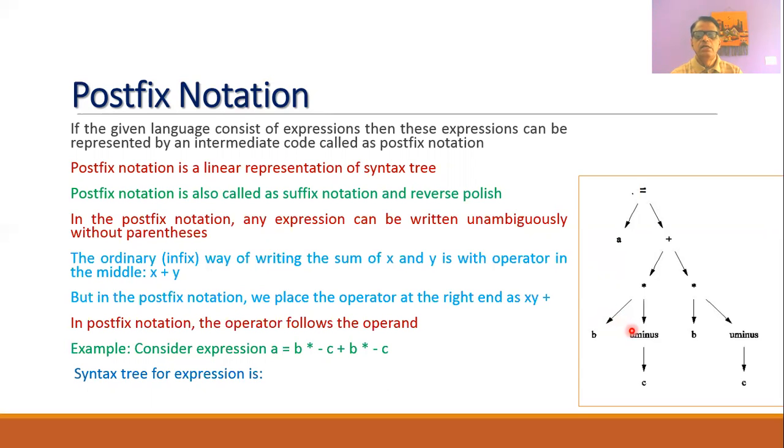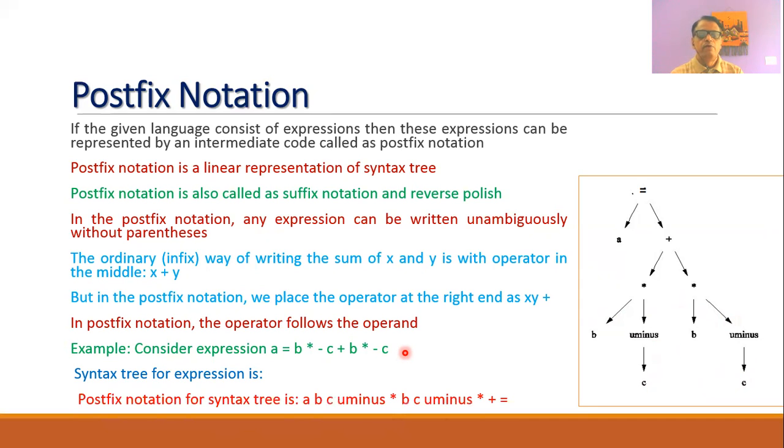So this minus C, minus is being represented by unary minus. And then this star will also have the operands B and unary minus, where unary minus will have the leaf C, and this unary minus will also have the leaf C. So one can easily observe that this will be the syntax tree for this given infix form of the expression.